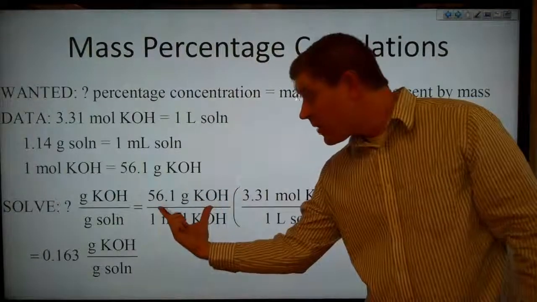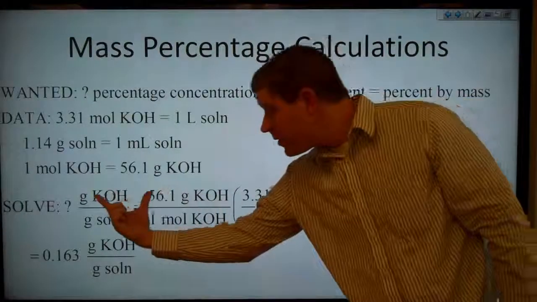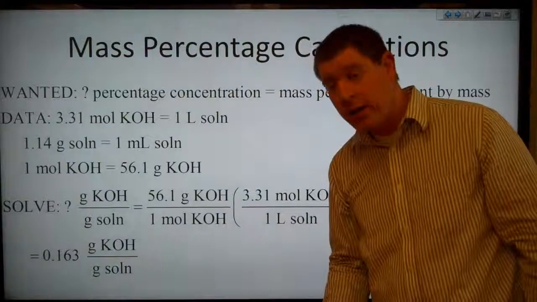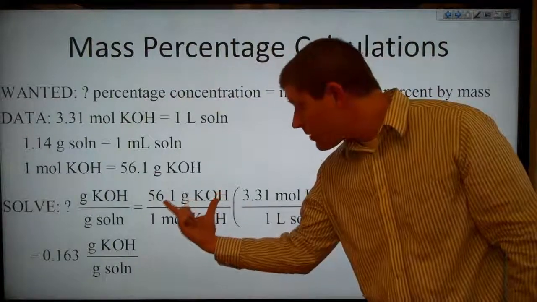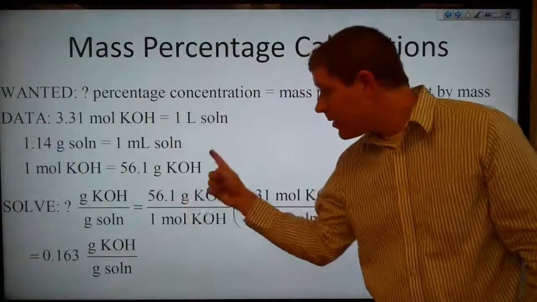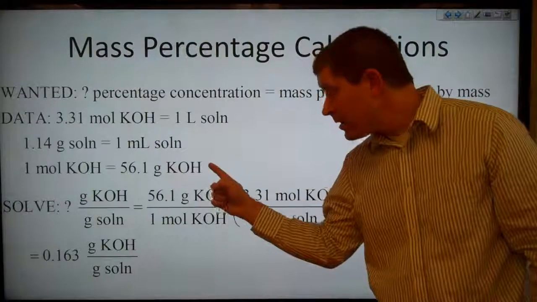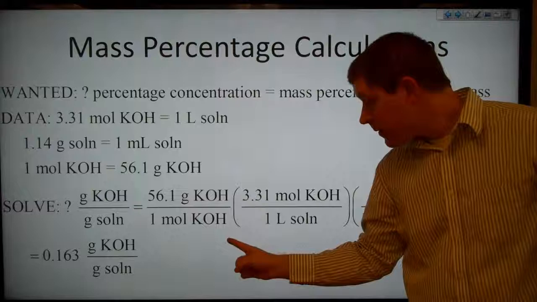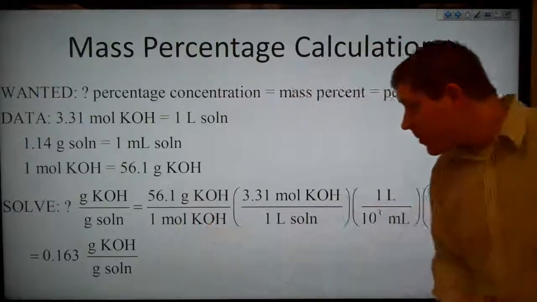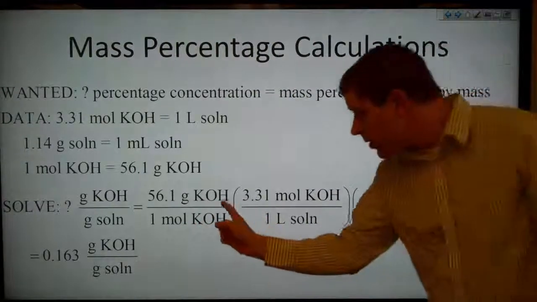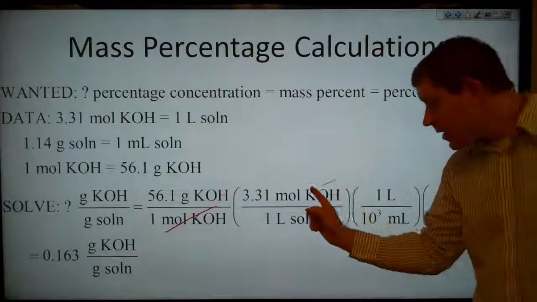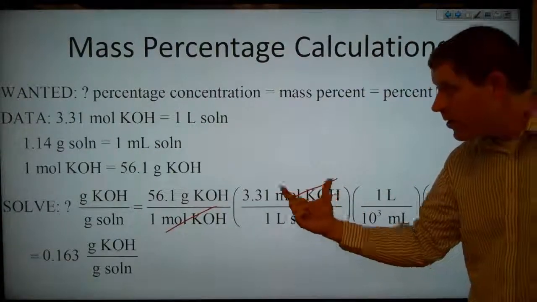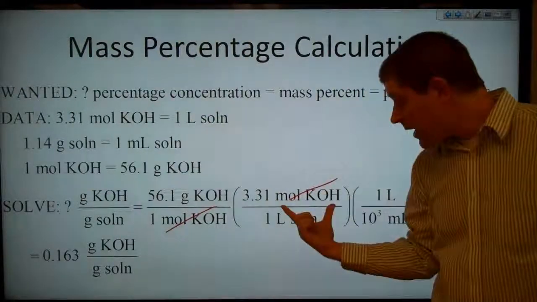Let's start out with a unit that we have. We want grams of potassium hydroxide in the numerator. So let's start out with grams of potassium hydroxide from our molar mass, and then we need to put 1 mole of potassium hydroxide in the denominator. Now we need to get rid of 1 mole of potassium hydroxide, so our moles of potassium hydroxide there and moles of potassium hydroxide here from our concentration will cancel.